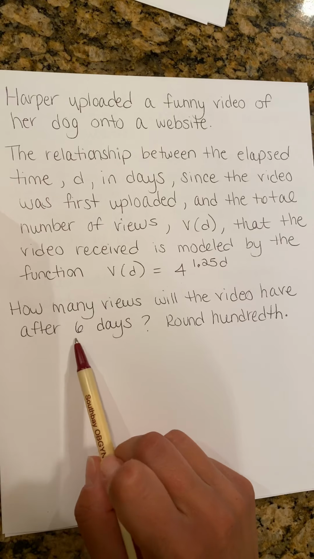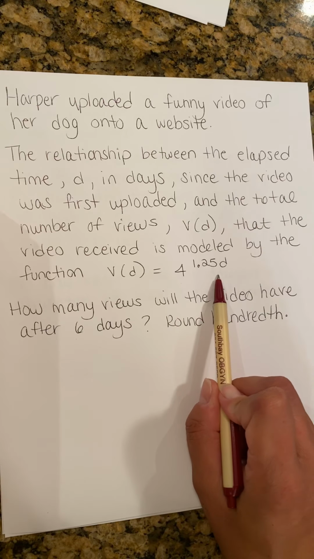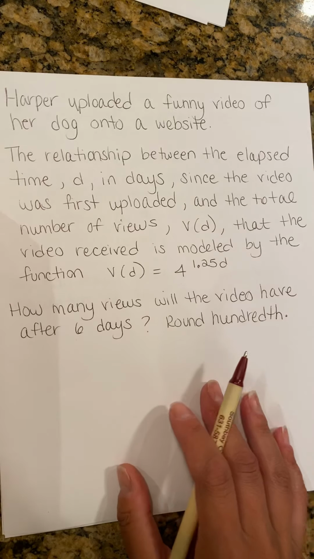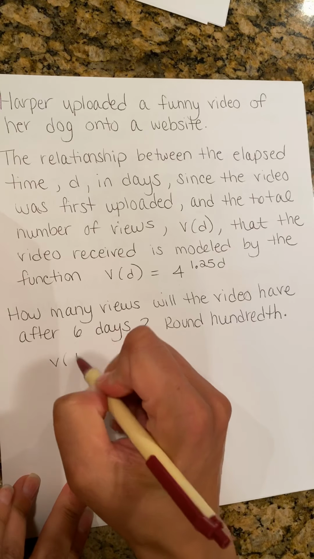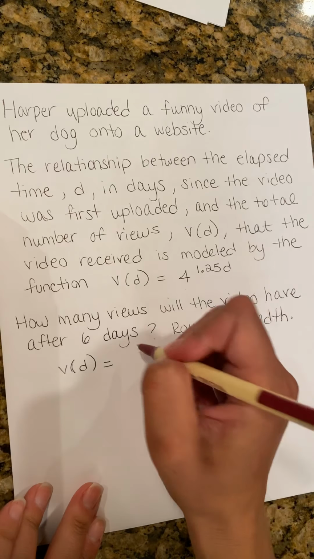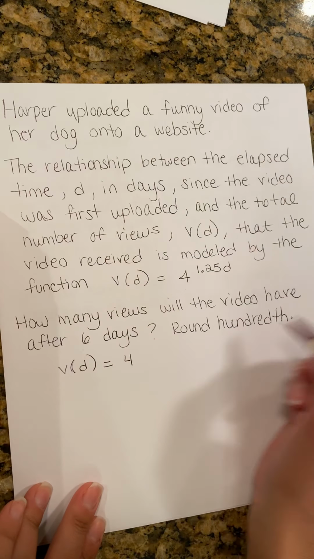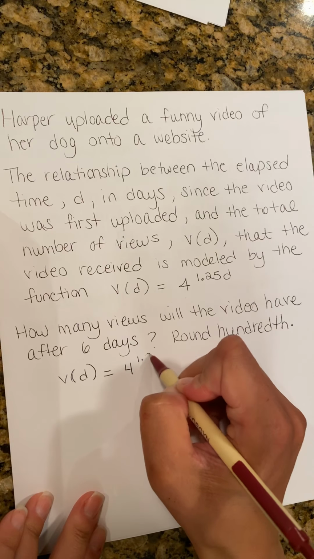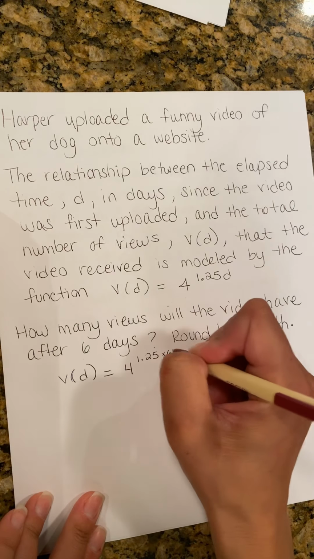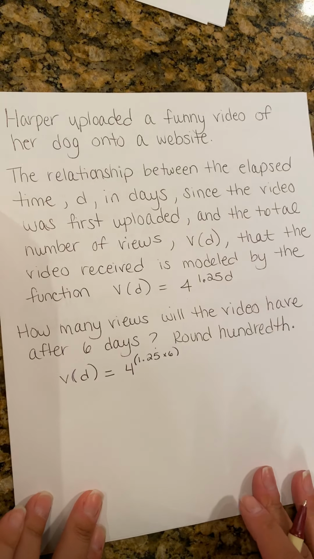Which means we're going to take 6 and we're going to plug it in for the value of D and we're going to solve it. So for this one, we're going to have V of D equals 4 raised to the 1.25 times 6 in our exponent.